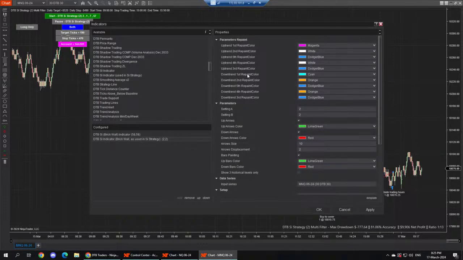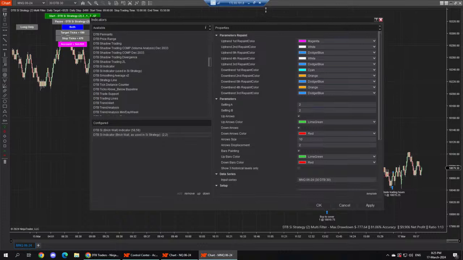Okay, so it's got 1, 2, 3. This is the wrong way around. It's just the order of the properties. But this one has up to 5 different signals within it. So it's got slightly more signals, the one that's used in the SI strategy, and that is to try and catch trends changing around. So, it's got that, and it's got a slightly different way how it calculates and resets.